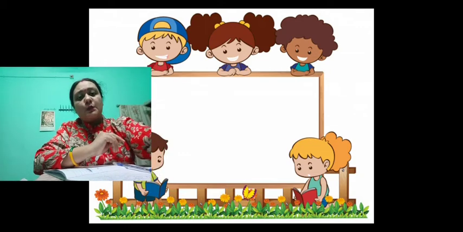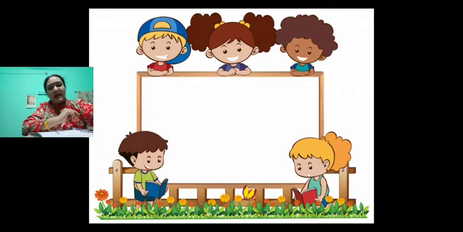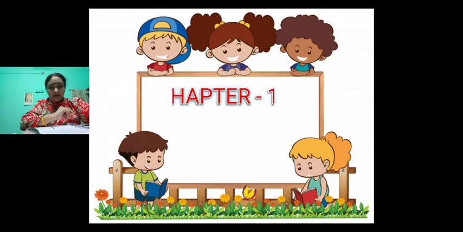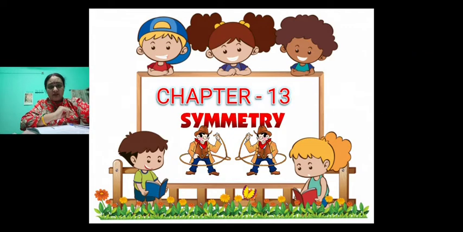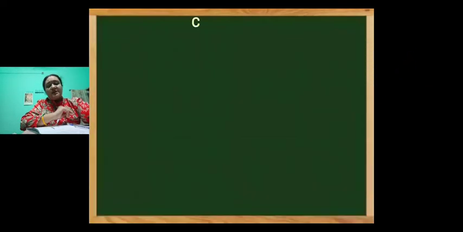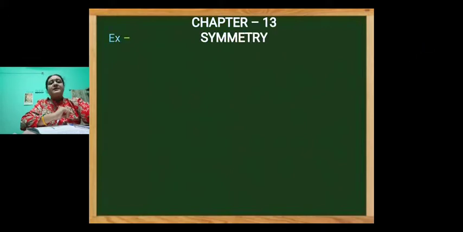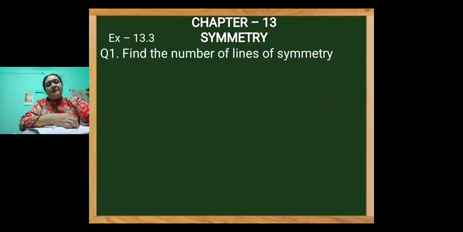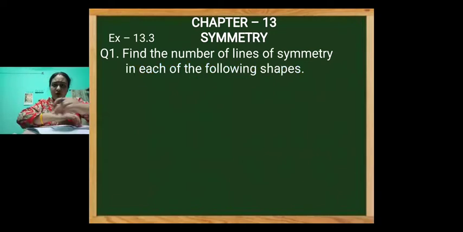Last time we discussed the same chapter, and we are still with chapter number 13, symmetry, and I am taking you to exercise 13.3. The first question for this exercise is: find the number of lines of symmetry in each of the following shapes.